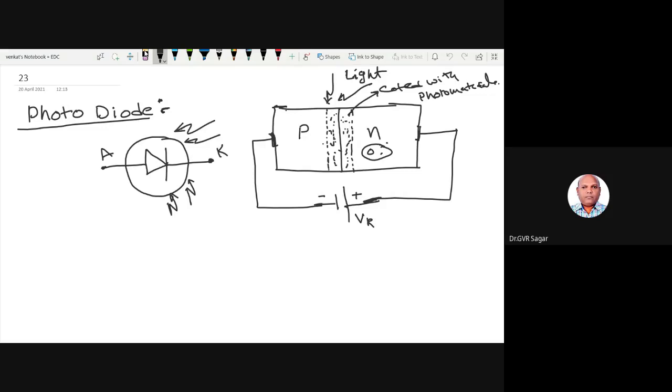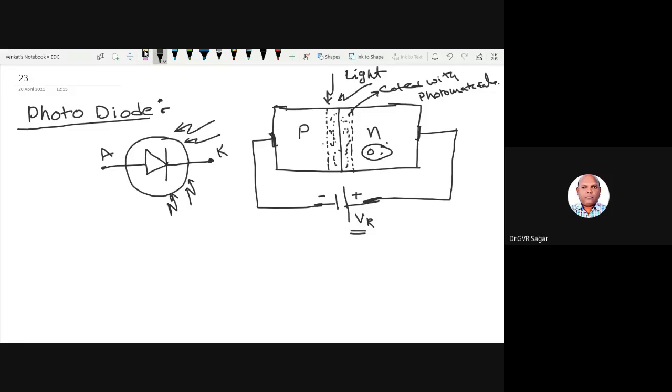That voltage is called the reverse voltage. So here we are generating voltage. Just keep this photodiode in the sunlight, connect two wires and a battery here, and it automatically charges the battery. That is called a photocell, nothing but a photodiode.